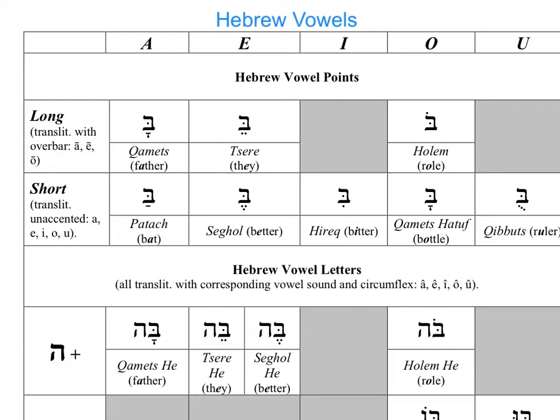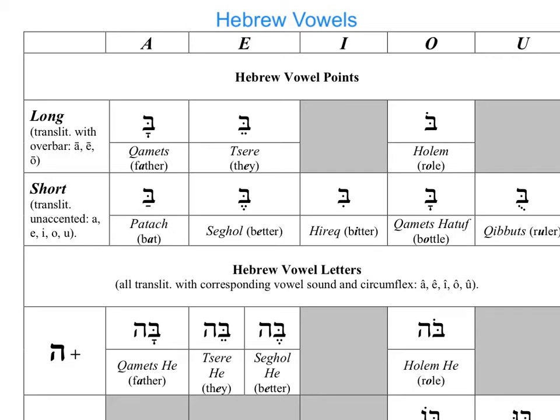So if we look at the long, what we see here is a long A called a qamets. The sound that makes is the long A that we might have in the English word father. Father. So the sound there with our bet would be ba. Father. Ba. If we move down one here to our short A, we have what's called a patach.